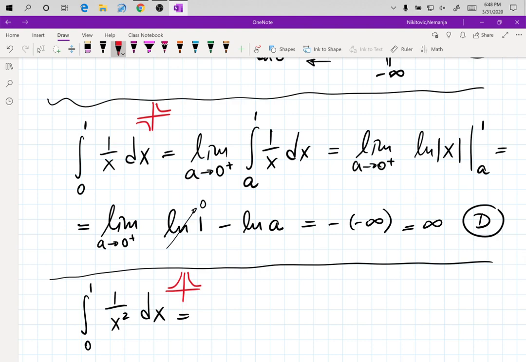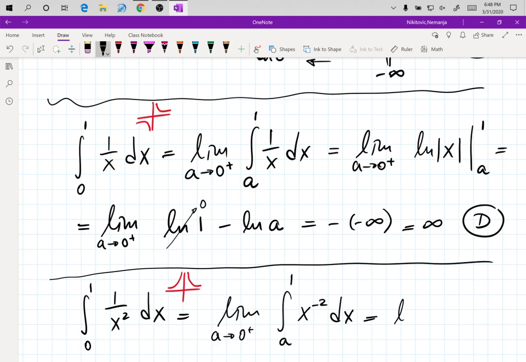But let's just do the calculation. Oops. So we have our limit of a going to 0 plus, and we have a to 1. We are integrating x to the negative 2 dx, right? So no more ln. What do I have here?